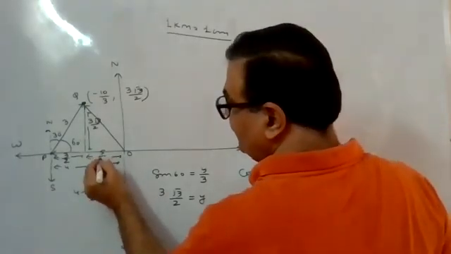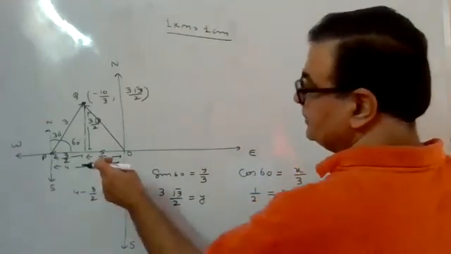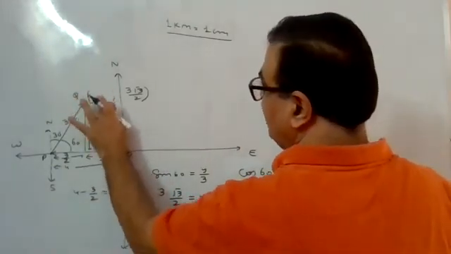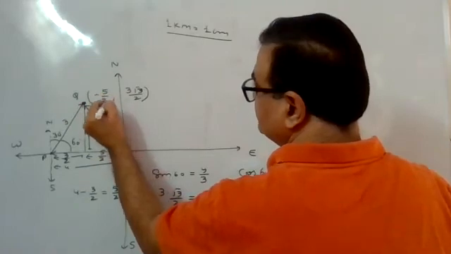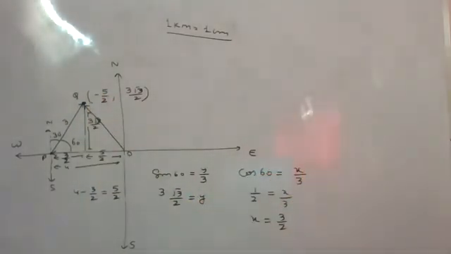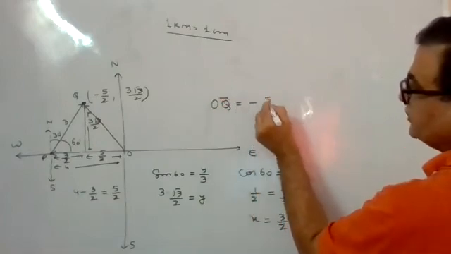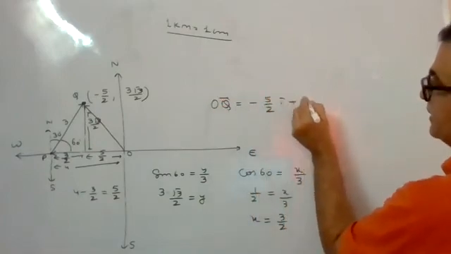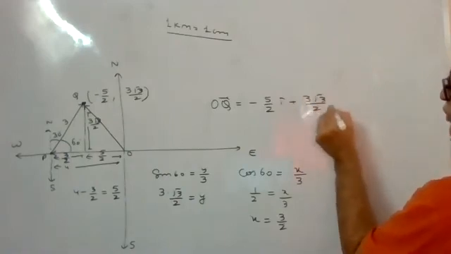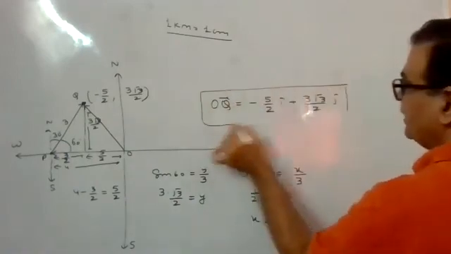So is it coming 5 by 2? Yes. So this is 5 by 2 here, minus. And now they are asking what is OQ. You can calculate what it will be, minus 5 by 2 i cap plus 3 root 3 by 2 j cap. ये आपका OQ वेक्टर.